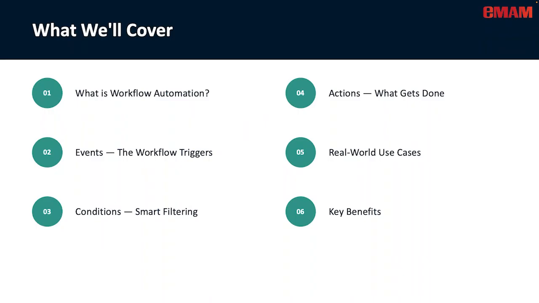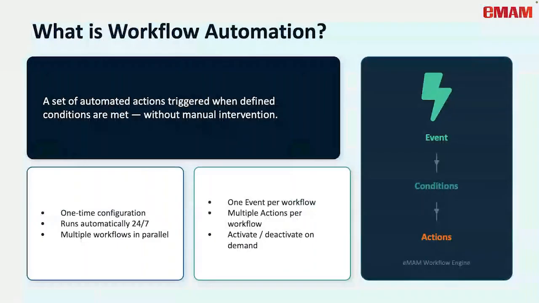We'll give you real world use cases and then the benefits of why to use the workflow engine. The workflow engine provides automated actions based on triggers, so you're defining what that trigger might be, and again, that is an event. It's a one-time configuration in the workflow that we design.